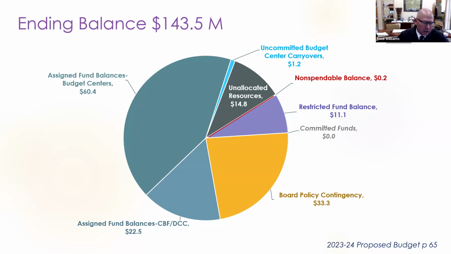The one that is talked about in the finance circles is your ending balance compared to overall expenditures, and that's about 44%. The one that we, as budget officers, are focused on is the board policy contingency. We used to have a board policy that says we would have 5% of our overall expenditures.